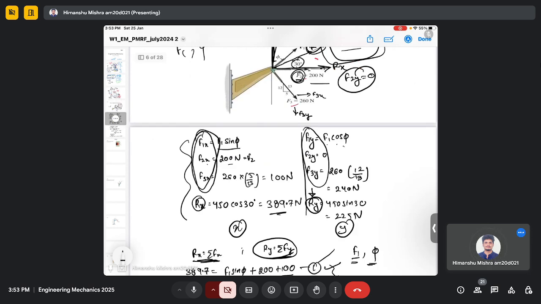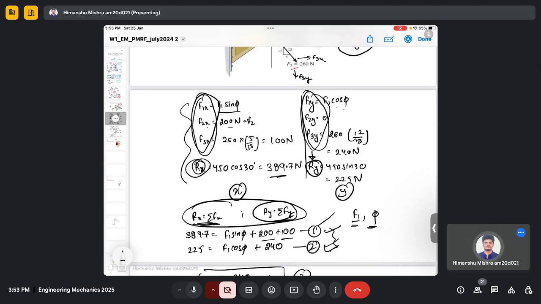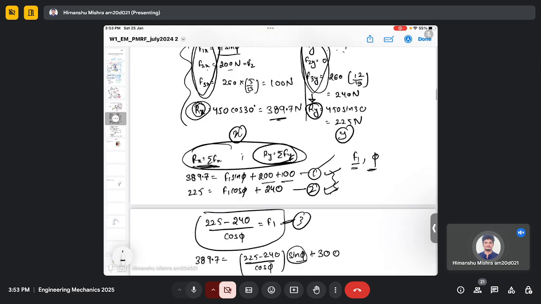We calculated the components of F1, F2, F3 in the x direction, and then the component of the resultant force. We repeated this exercise to calculate the forces in the y direction, and we used this expression to get the unknown here.